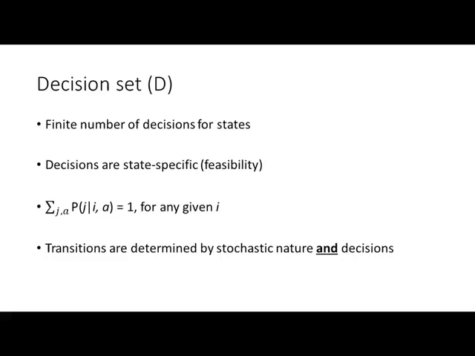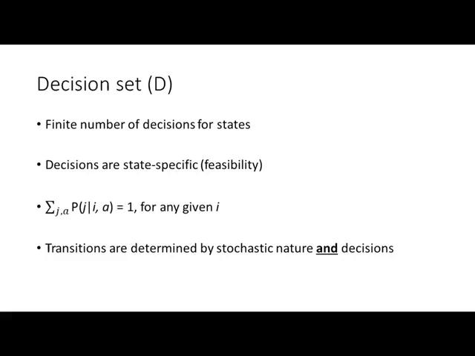And the decision set, this is really important here, is a set containing, again, a finite number of decisions for states. And decisions have to be state specific to ensure feasibility. So if you are in a particular state, only some feasible decisions are allowed, being either treatment or transplant or waiting, and so on. So only feasible decisions are allowed for specific states.